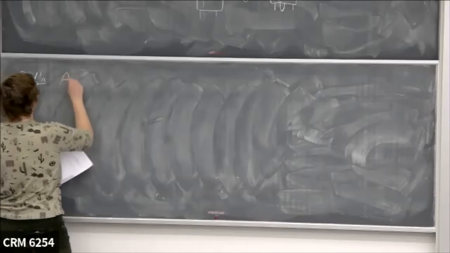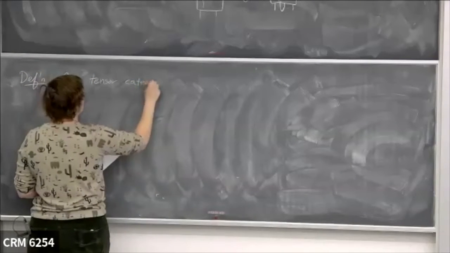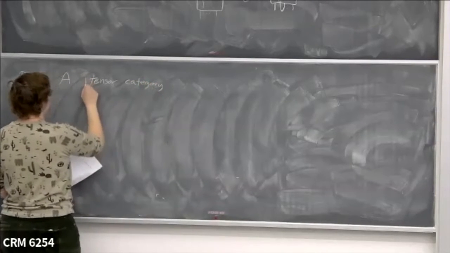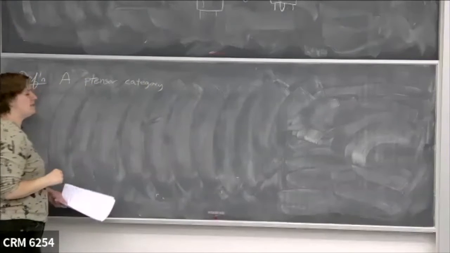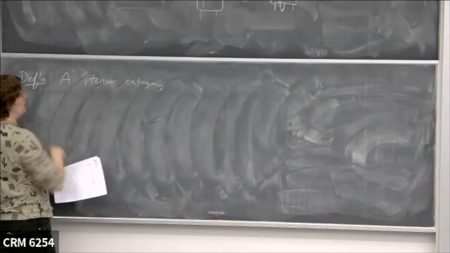So, okay. I mean, there's a lot of adjectives, right? And not everybody uses the same adjectives. So it's a problem. All right, so the thing I'm going to define has much in common with what gets called a tensor category, but is just different enough that I'm going to put a silent P in front of tensor.